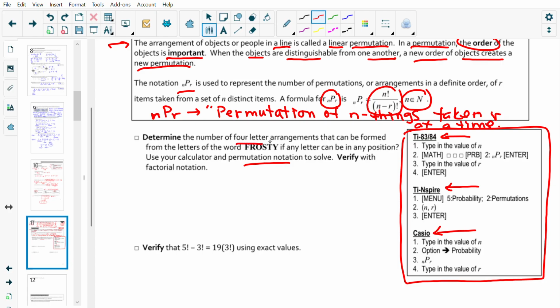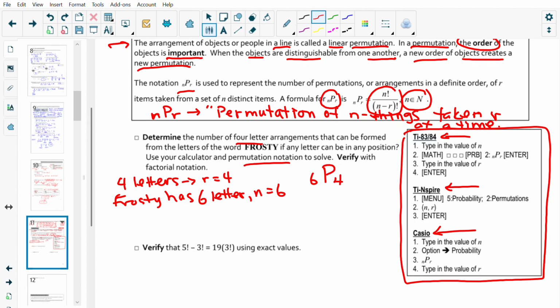Okay, I want 4-letter arrangements. So that means my r equals 4. Frosty has how many letters? 6 letters. So n equals 6. So this is a permutation of 6 things taken 4 at a time. I'm making these 4-letter arrangements.